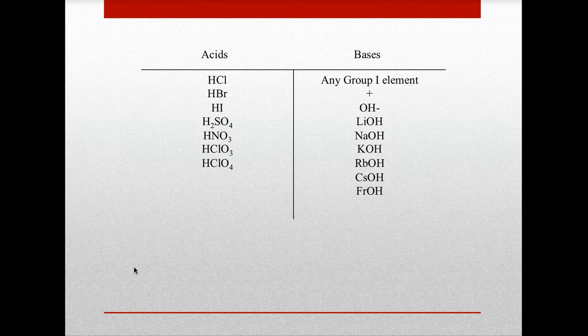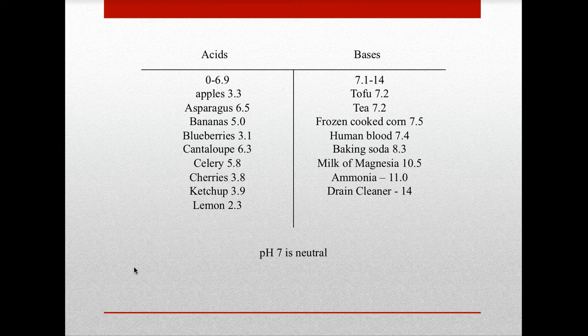All right, now let's look at foods and things that we eat, or blood. Of course, we don't eat blood, but let's look at some common things, and let's talk about pH. Well, pH is a linear range from 0 to 14, and exactly in the middle is 7, so that's considered neutral.